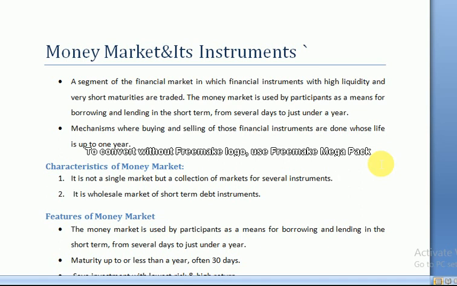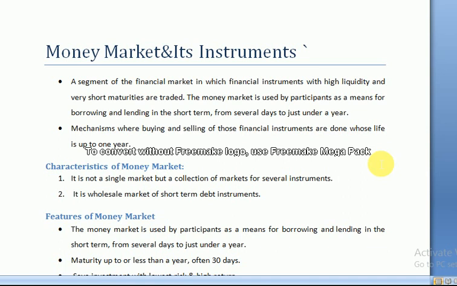This is a collection of markets with several instruments like short-term certificates of deposit, banker's acceptances, treasury bills, commercial papers, municipal notes, federal funds, and repurchase agreements. These are the short-term instruments which are trading in these markets, and this market is not a single market, it is a collection of markets. So this is our first characteristic.